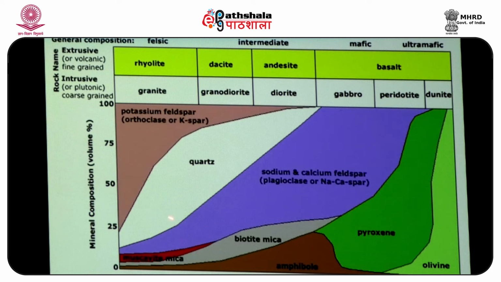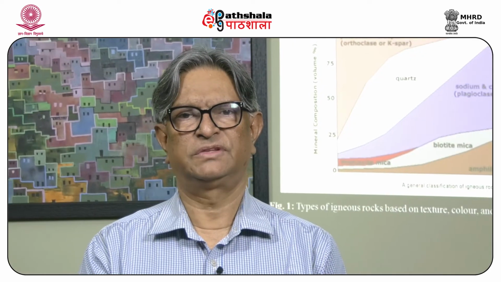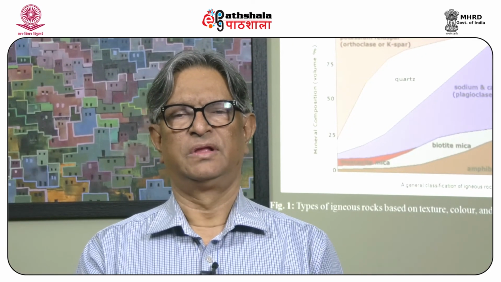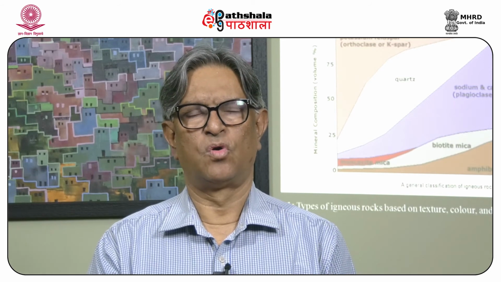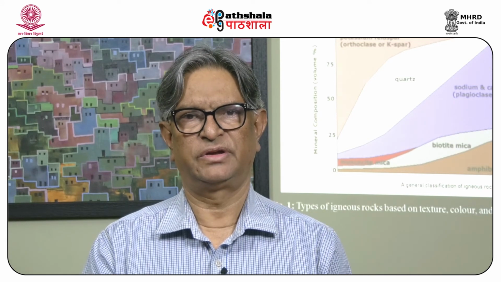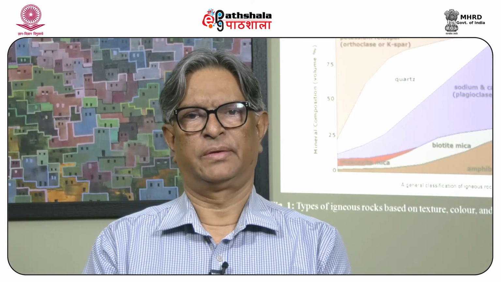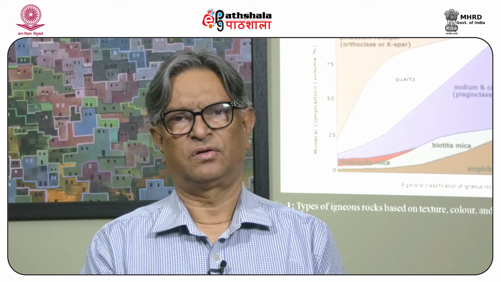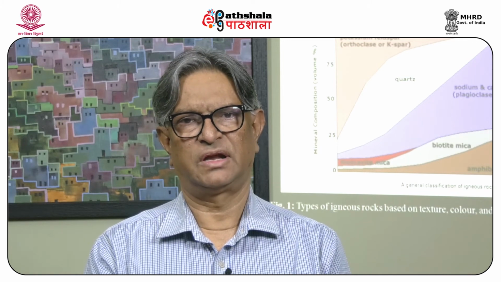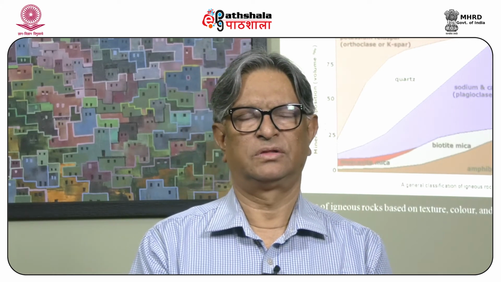So this is the general classification based on mineralogy, how the mineralogy changes and the rock type changes. What we see is from left to right, we go from more felsic to intermediate to basic to ultrabasic, or more mafic rocks and ultramafic rocks on the right, and more felsic rocks on the left.